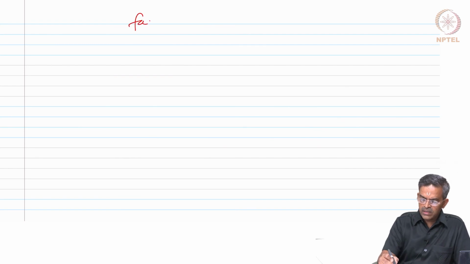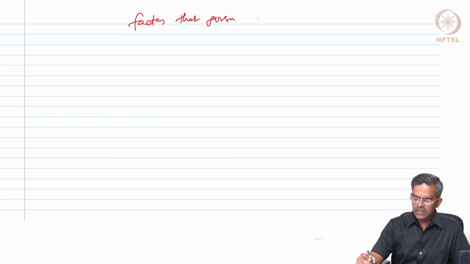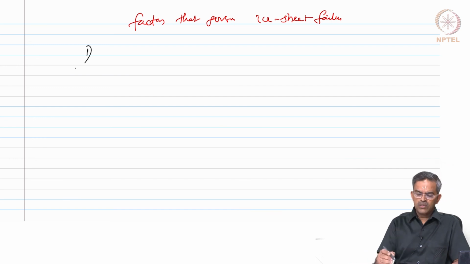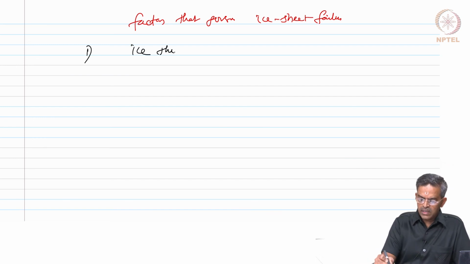So, let us ask a question: what are the factors that govern ice sheet failure? Okay. Ice sheet failure depends on ice thickness.